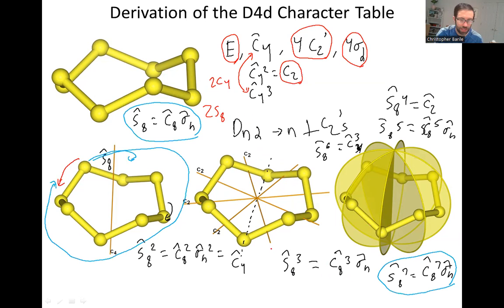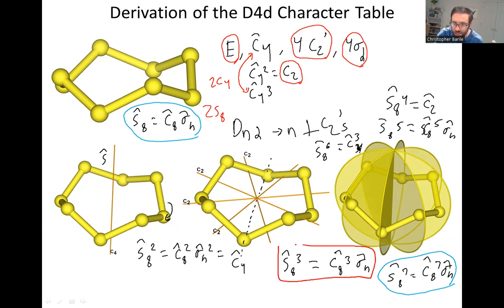And then in an analogous way, S8 three times and S8 five times are both 135-degree rotations in different directions. Those are going to go in the same class. We're going to call those 2S8^3, because there are two operations in there, S8 five times and S8 three times, just like in the 2S8 there's S8 seven times and S8 one time.